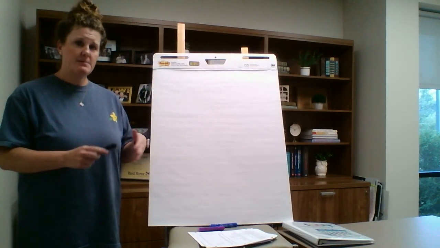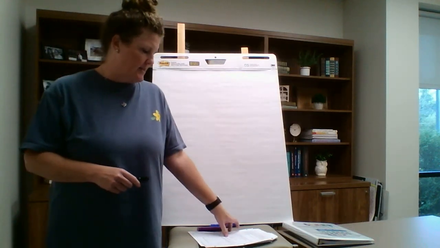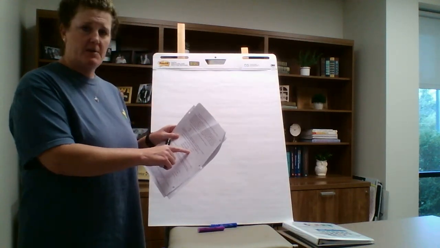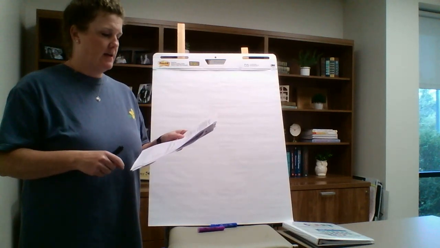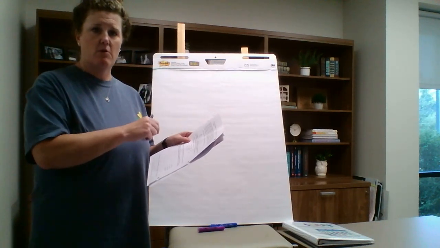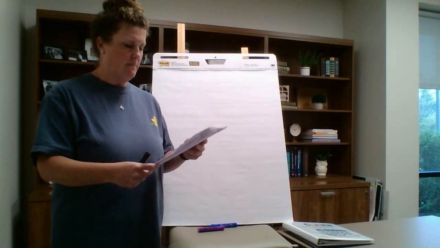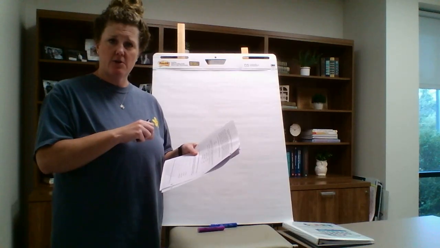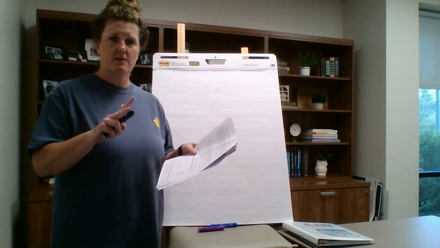Now on the phenotypes, I'm going to come back to this, but I want to explain what it's talking about on your notes. It says that you could have both the dominant traits, and a lot of times I just simplify that and say dom-dom. And then you could have the dominant of trait number 1 and the recessive of trait number 2, so I call that dom-rec. And then you can have the recessive trait of trait number 1 and the dominant trait of trait number 2, so that's rec-dom.